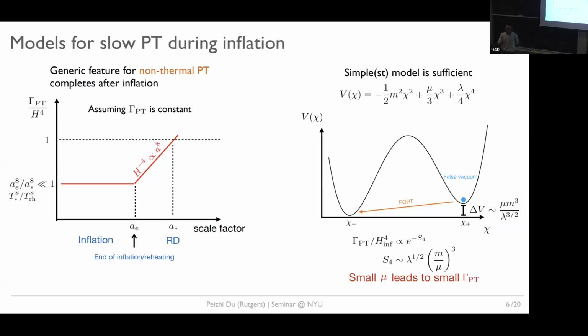Whereas if you are saying it's currently safe now but you want to see a signal in the future, there's a window that you are leaving, because you are not ruled out now and you will be visible in the future. If you want to put it in that window, you need to select this gamma over Hubble to be a particular value. That means you choose a particular value of mu. Then you might say, okay, there might be some exponential here, so that's why you might say there's some retuning.